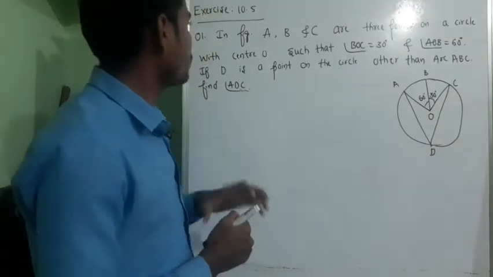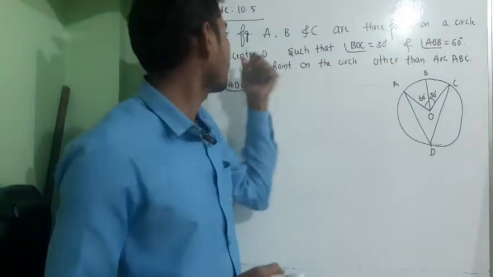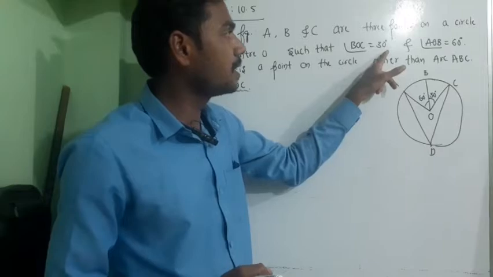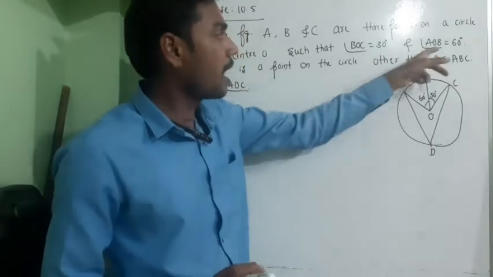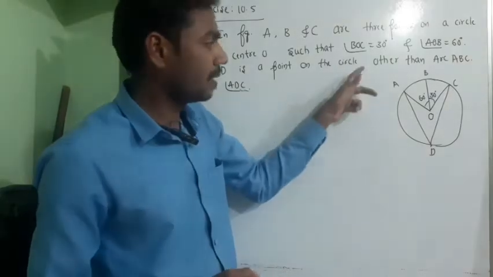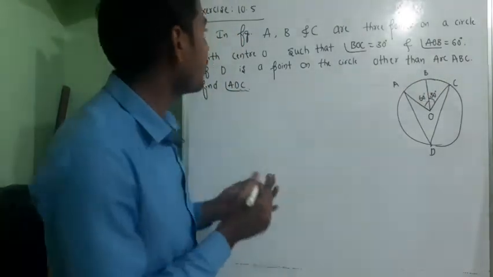In the first question, in the figure, A, B and C are 3 points on a circle with center O such that angle BOC is equal to 30 degrees and angle AOB is equal to 60 degrees. If D is a point on the circle other than arc ABC, find angle ADC. See what they are telling.